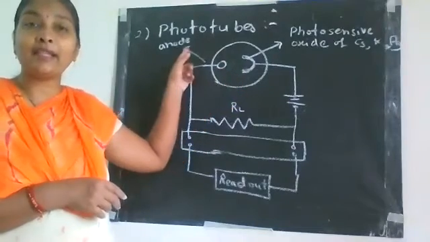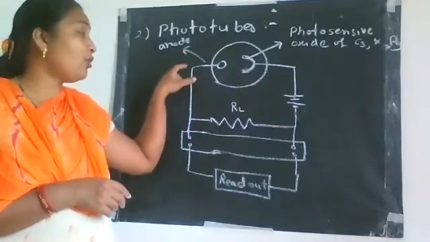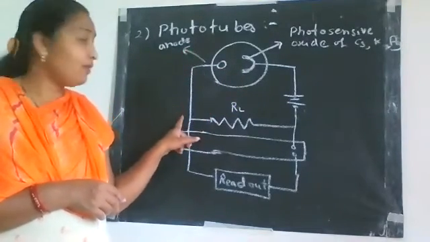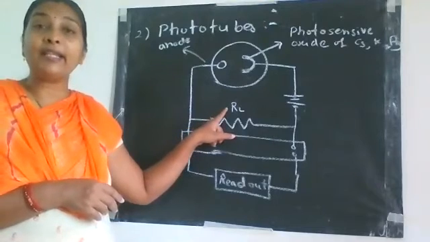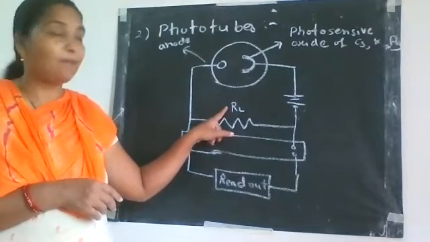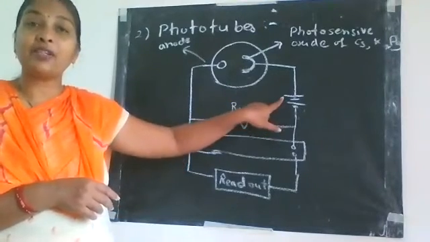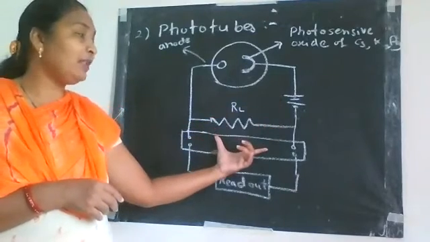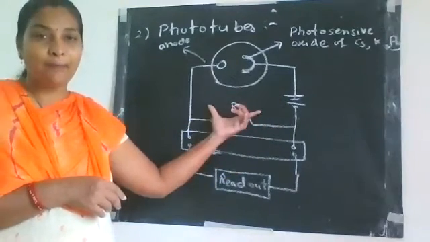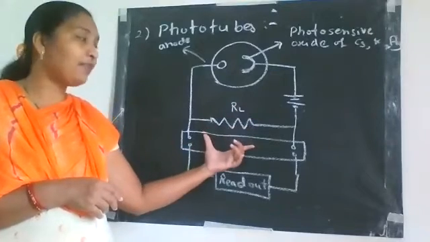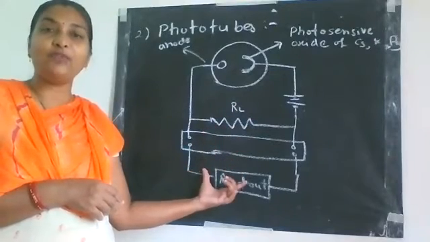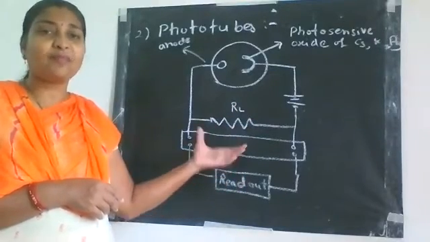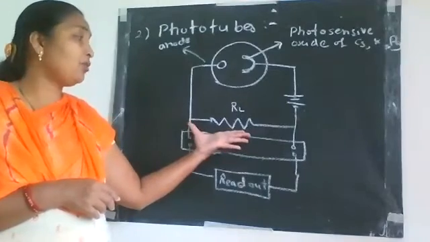That metal ring acts as an anode, and then both of them are fitted with RL, the internal resistor. On this side there is an external DC source, the battery. Then the amplifier is fitted with the detector, and after the amplifier there is a readout device. We know the functions of those two, so our main detector is up to here.